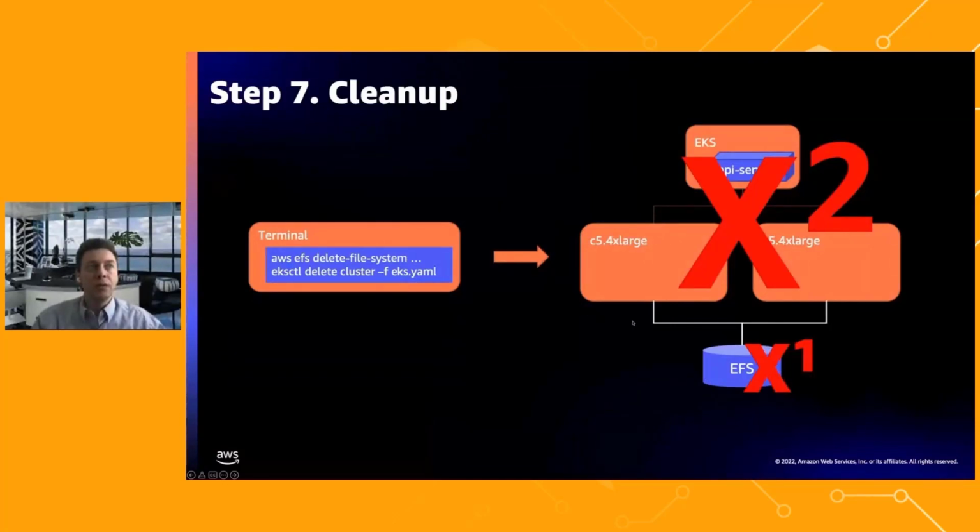And secondly, we'll run an eksctl command to delete the cluster. We are not going to execute this step here, but that is how you would do it if you wanted to decommission the infrastructure.